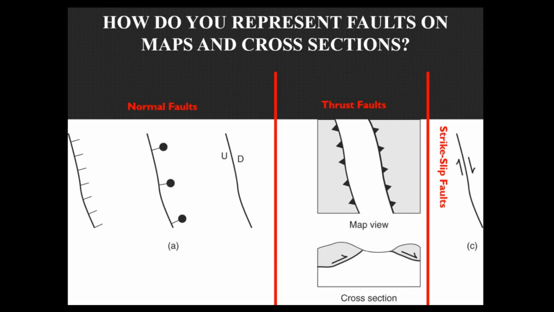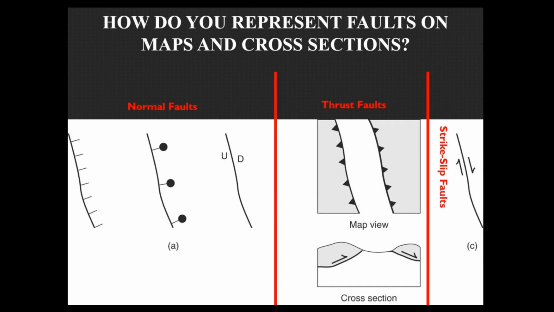All three of these are showing the right-hand side dropping down, which means the right-hand side is our hanging wall, moved down relative to the foot wall. One easy way to think of this is if you tie off a little string with a ball on it, put it at the top of the hill where the fault block has gone down.